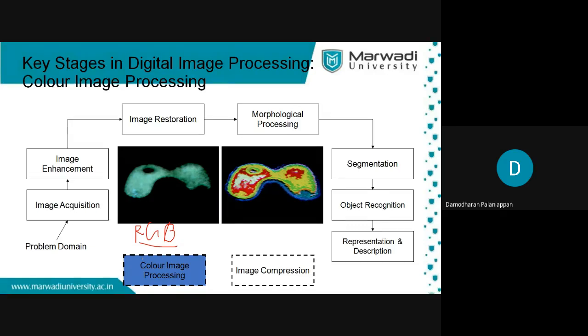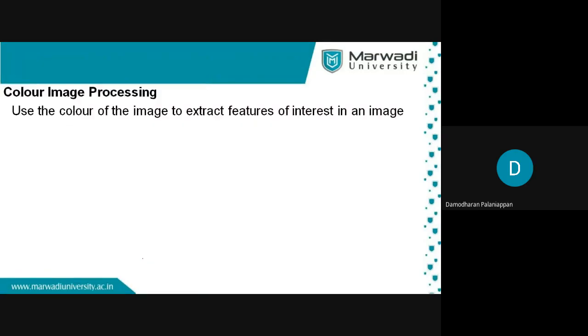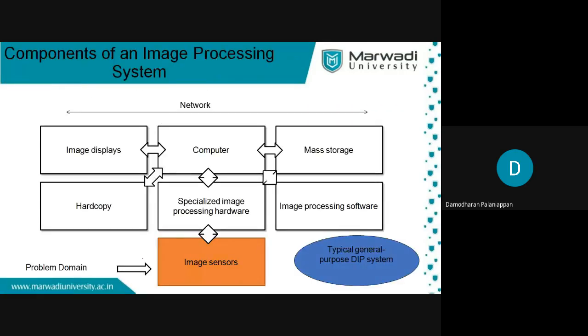We can call it digital image processing software. Now we discuss how the image processing system will work. Everything will be combined in a single system to perform the image processing. We can call it an image processing system. Now we are discussing what components are required in image processing.